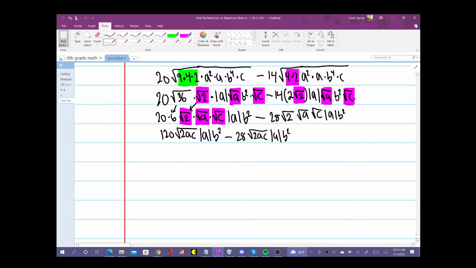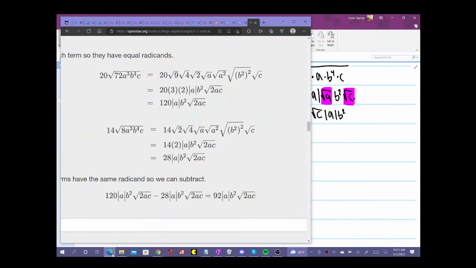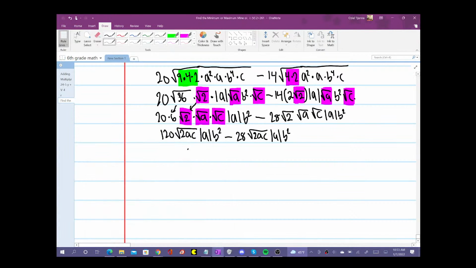So then this becomes 120 minus 28, which is 92. So it should be 92 absolute value of a, b squared, square root of 2ac.